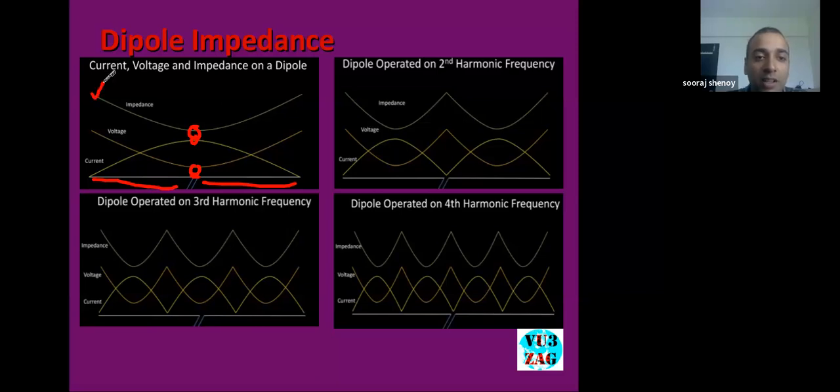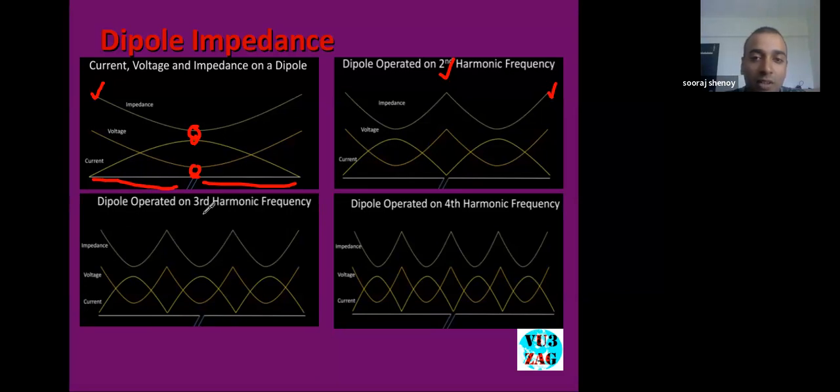Similarly, with the same antenna, when we feed the second harmonic of 7 megahertz, that is 14 megahertz, this will be the curve. As you can see, the voltage is at peak at the center, and the current is minimum. Also the impedance is always on top at both ends.